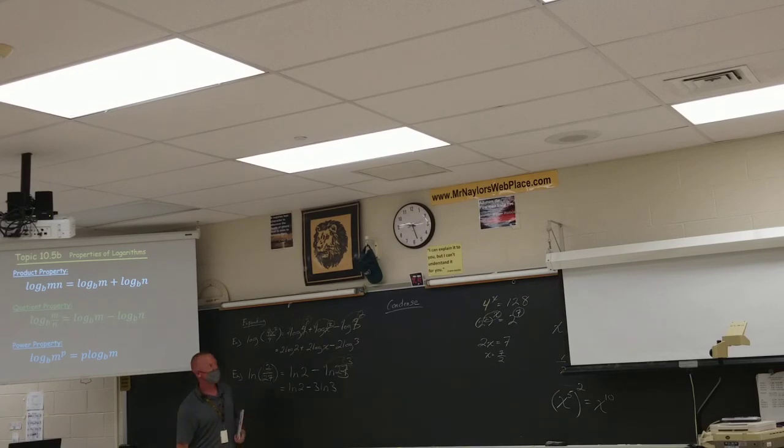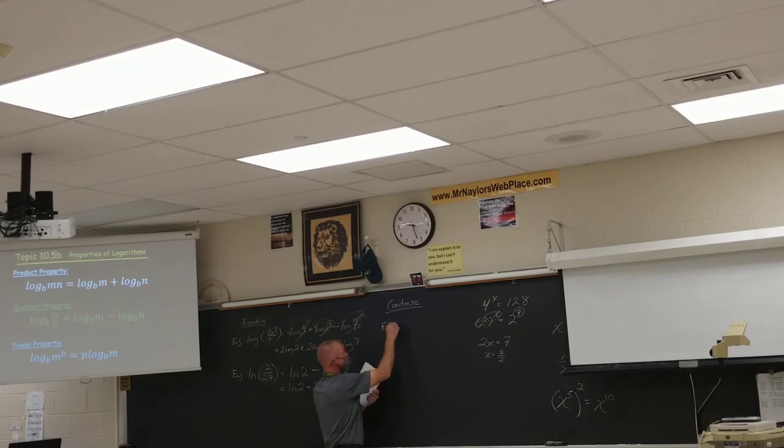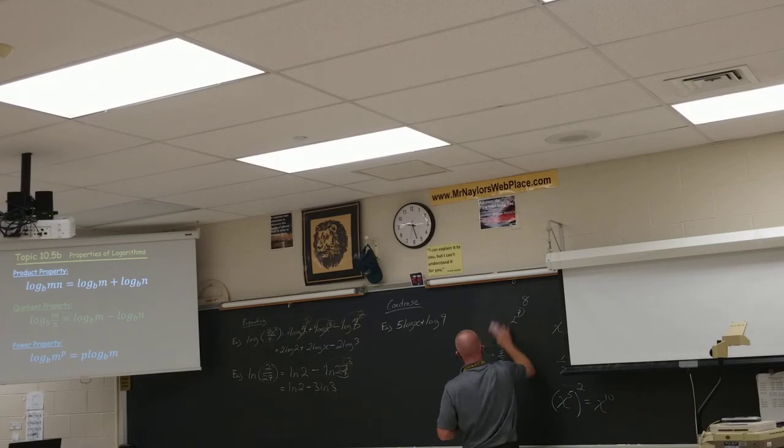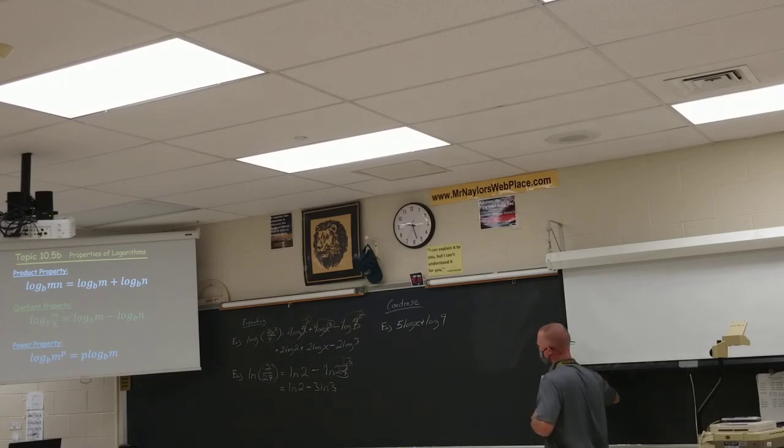Condensing is taking something that's complicated and making it simple. Condensing is a technical word that we use for logs, but it really requires taking what we just did and doing it backwards. Now here we have 5 log x plus the log of 9.